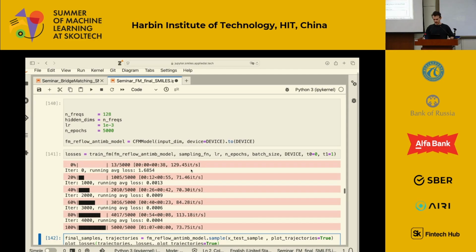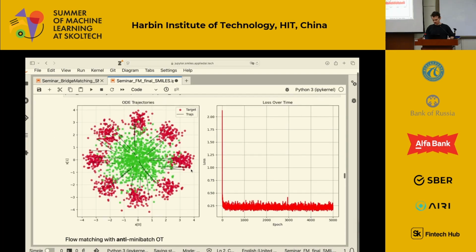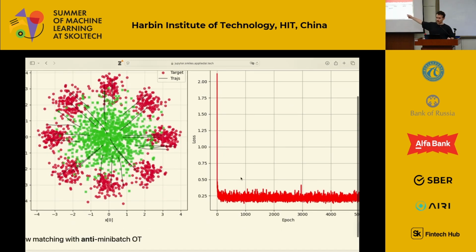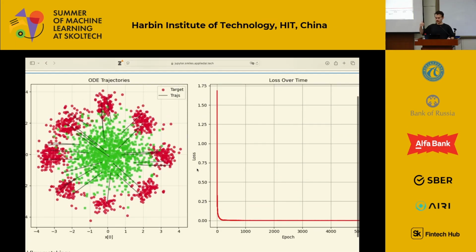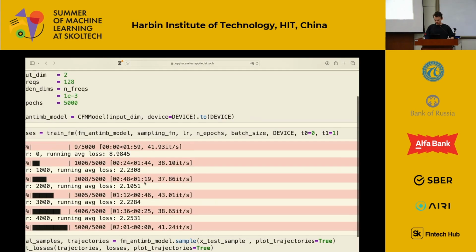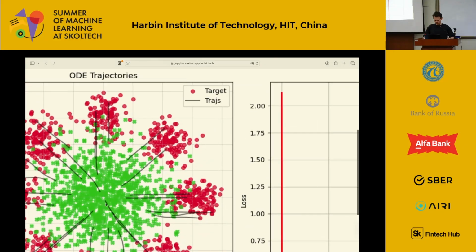So if we consider, for example, our mini-batch optimal transport, you can see that it produces a lot more variance, and in general the optimal value of loss is higher. That means that it is a worse optimal transport than the rectified flow one. And if it is an optimal transport, then it has straight trajectories, and this one has straight trajectories, while the mini-batch one has some not particularly straight trajectories.